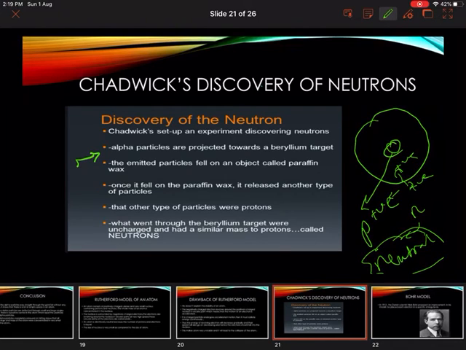The emitted particles from the beryllium fell on paraffin wax, where they released another type of particles, which are protons. But what went through the beryllium were uncharged particles with a mass similar to protons. We call them neutrons.